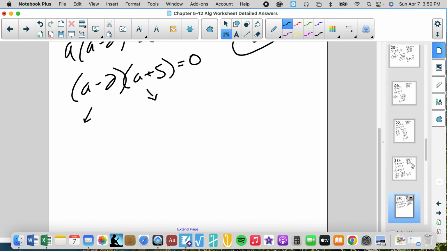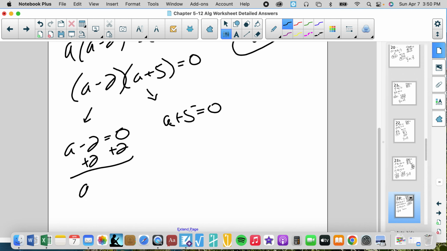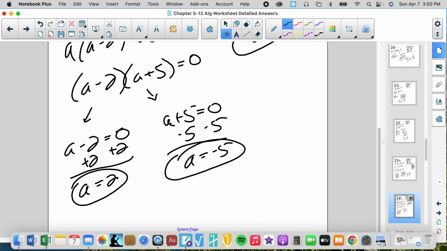Set them each equal. A minus 2 equals 0. A plus 5 equals 0. Add 2. A equals 2. Subtract 5. A equals negative 5. So my solutions are negative 5 and 2.